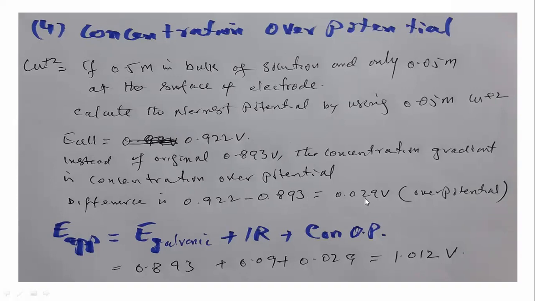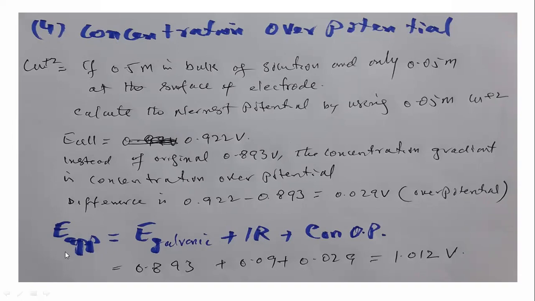So the difference is 0.029 volt, and this is the overpotential. That means additional potential is required, and this additional potential is due to the difference in concentration near the electrode as compared to the bulk of the solution, and that's why it is called the concentration overpotential due to the concentration gradient.